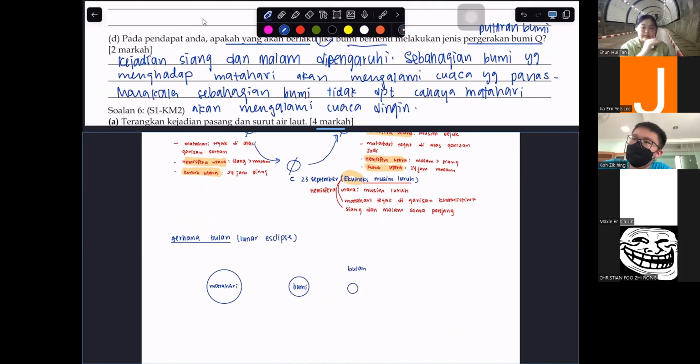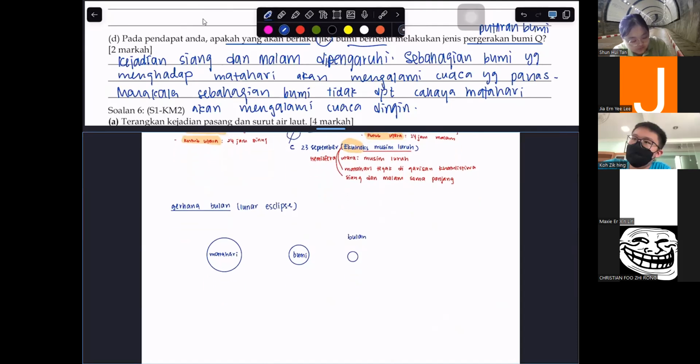So your first point, you're going to tell me gerhana bulan berlaku apabila matahari, bumi, dan bulan berada dalam satu garisan. In one straight line. Okay, so this is normally your first marks.